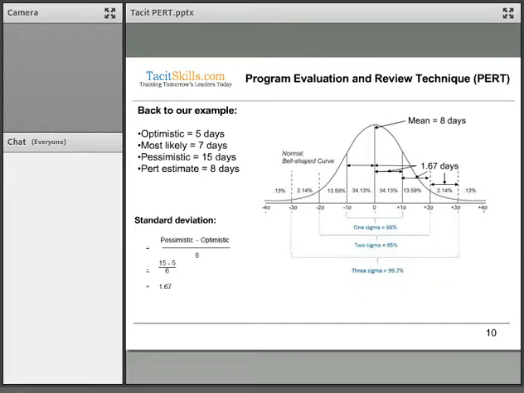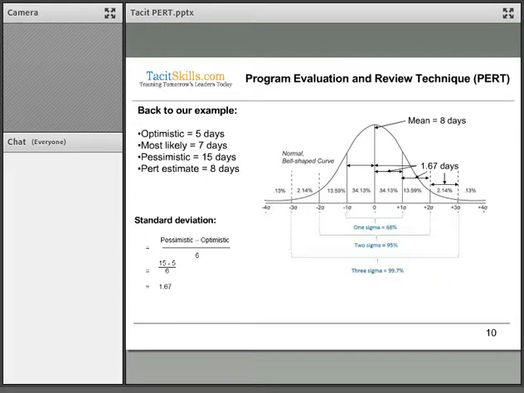That gives me 10 over 6, or 1.67. So back to my bell curve, from the mean to +1 will be plus 1.67 days, and to the other side, from the mean to -1, will be minus 1.67 days, and so forth. We can continue on to the next standard deviation and the next one.